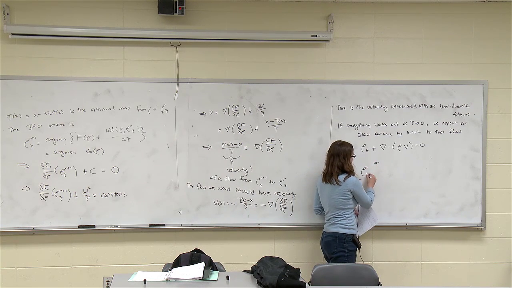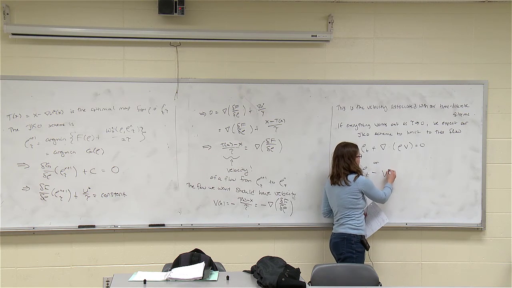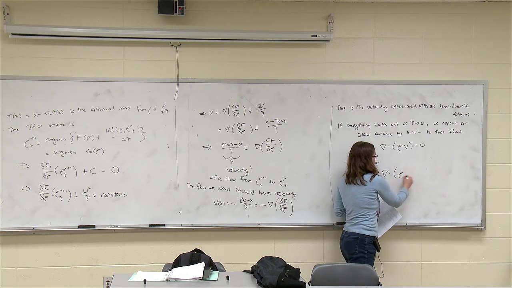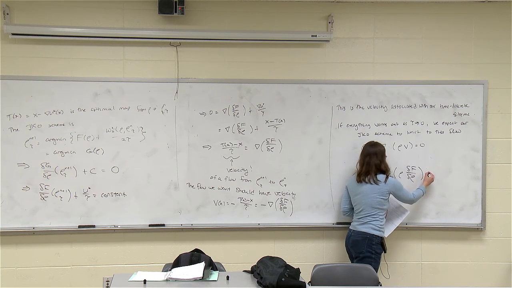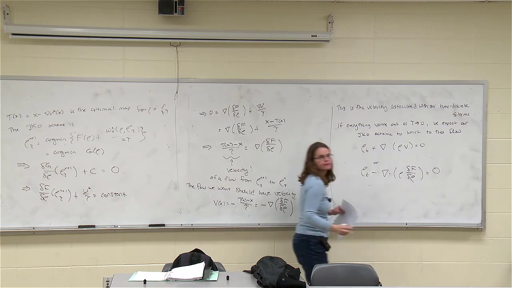So what are we going to have? Rho t, this time, minus the divergence of rho times the gradient of the first variation of f, equals 0.